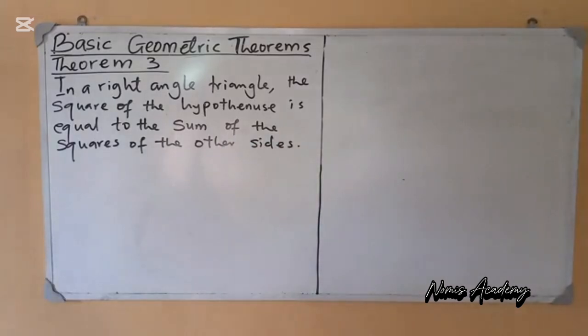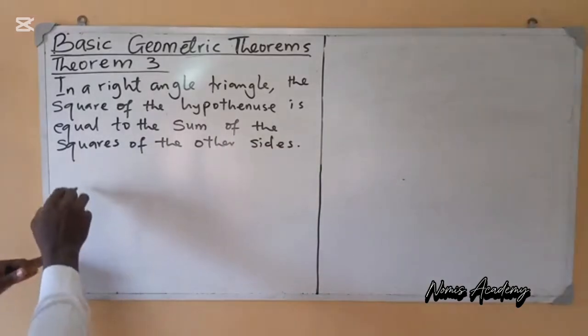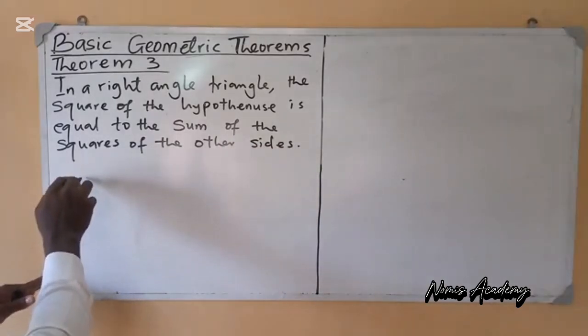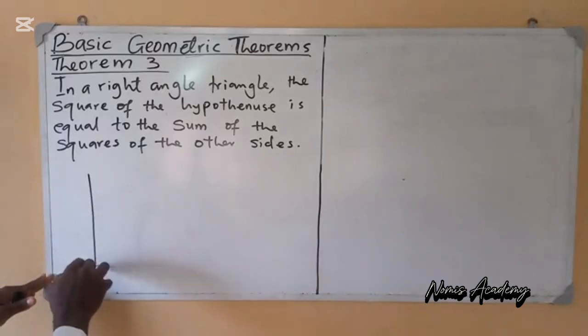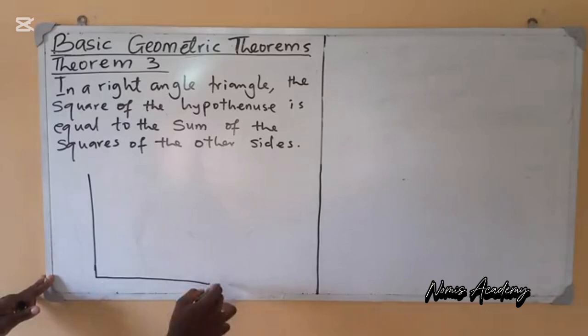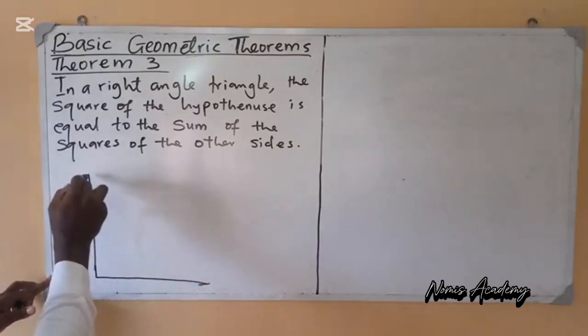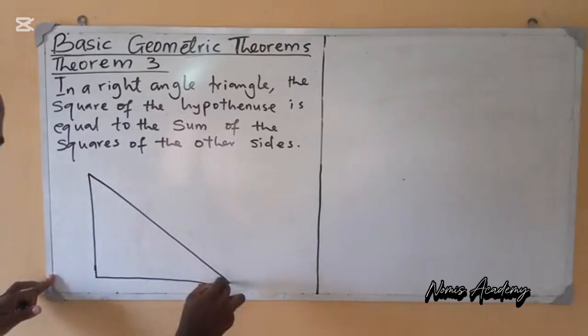So now let's take this diagram to see clearly what we just did. Okay, this is a right angle triangle. We have something like this.